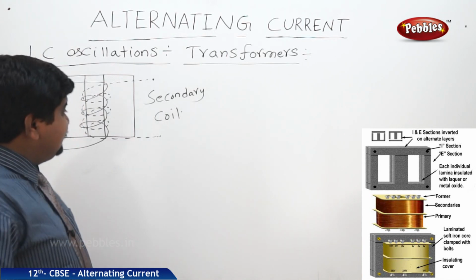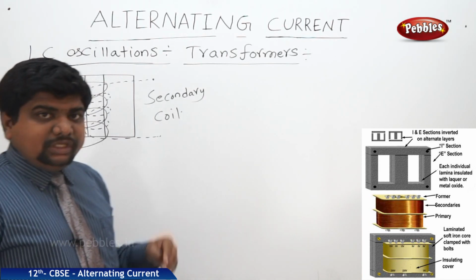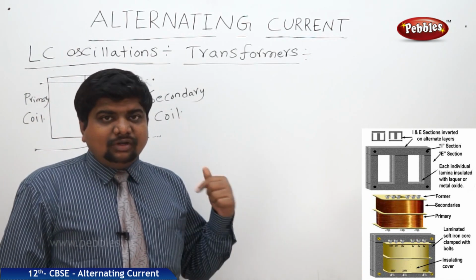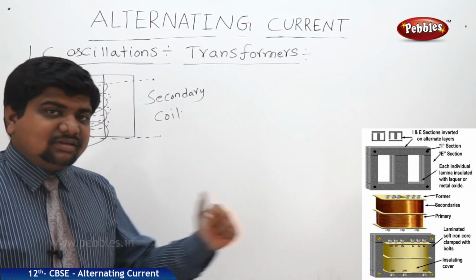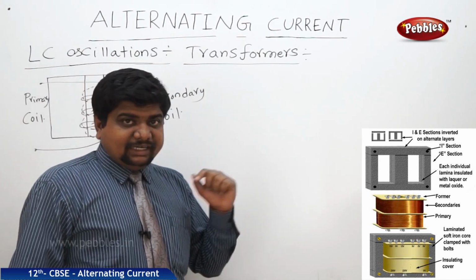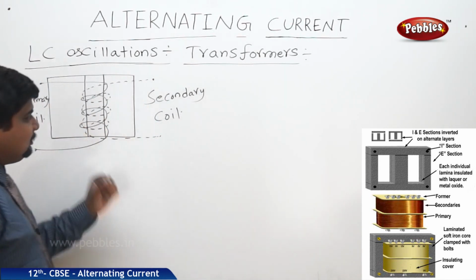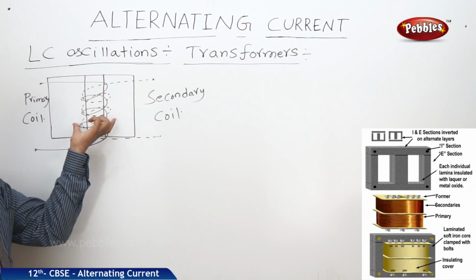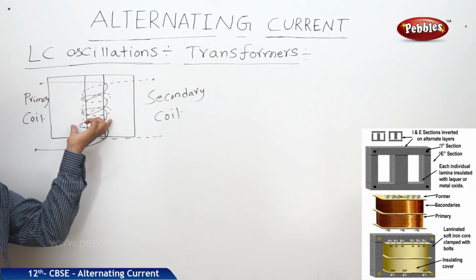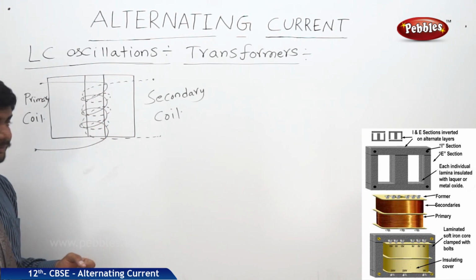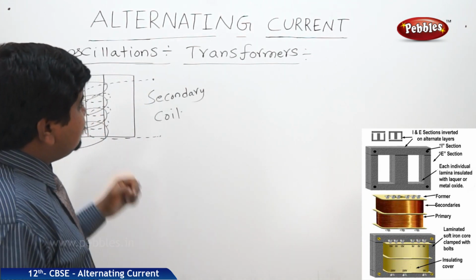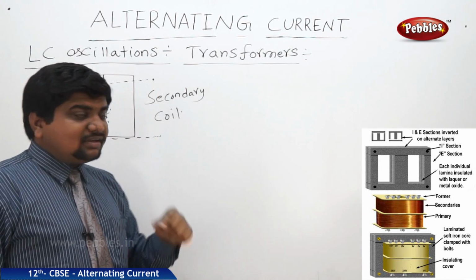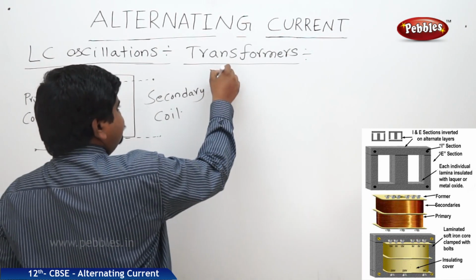In electromagnetic induction, we have discussed that to increase the induced EMF, we should increase the number of turns in a coil in case of mutual induction or self-induction. So, the principle of mutual induction is used in the transformer. That means the mutual induction principle is useful in the transformer. Transformers are working on the basis of mutual induction.